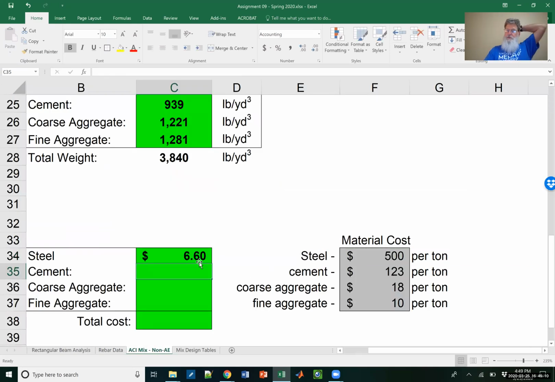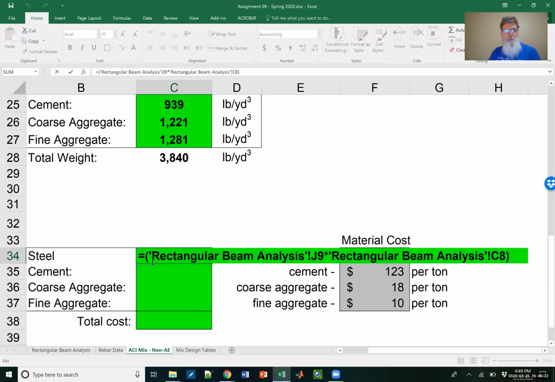And you can see right now it just says 6.6. Now that's really cubic inches of steel right now. That's just the area of steel times the length of steel. And I'll show you that. This tag in the front is just telling you what sheet in the workbook you're looking at. So I'm taking J9 and C9 together.